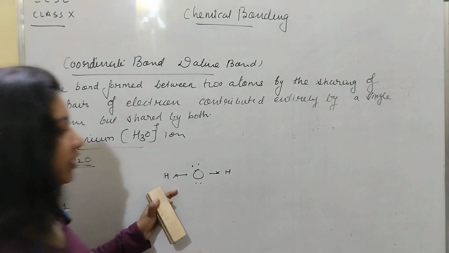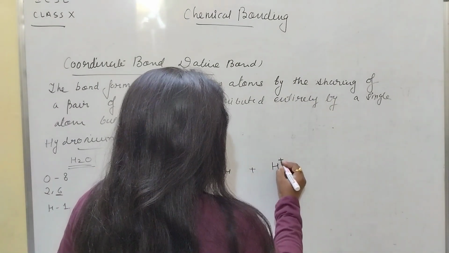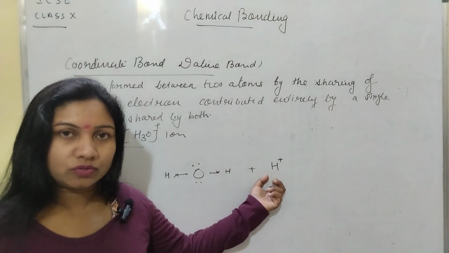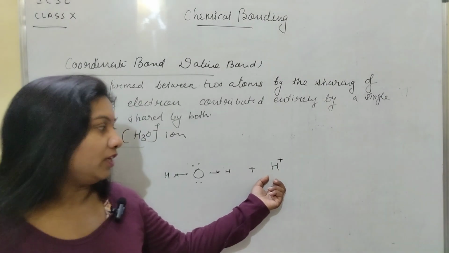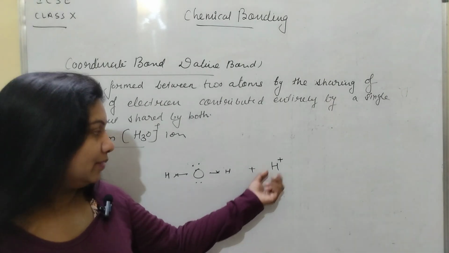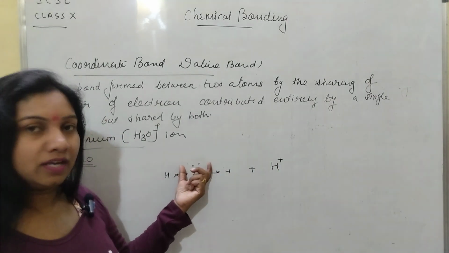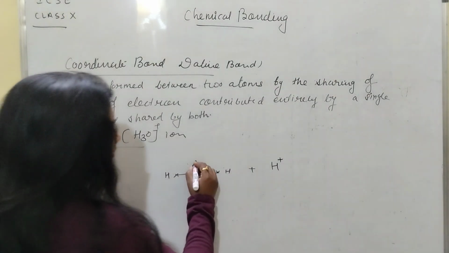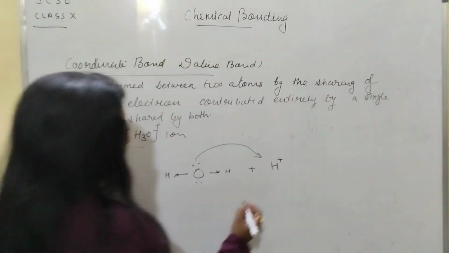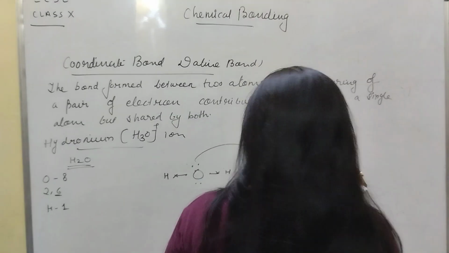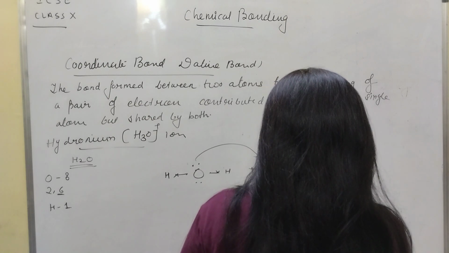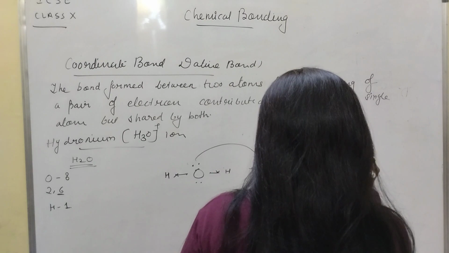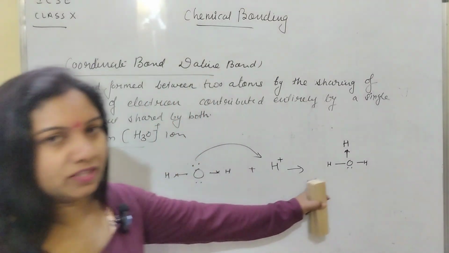Here, who needs this lone pair? H plus needs the lone pair, because it has no electron, 0 electrons, highly unstable. So this H plus immediately comes and asks for a lone pair of electrons from the other water molecule. This oxygen will give a lone pair to the hydrogen ion, and a coordinate bond is formed.